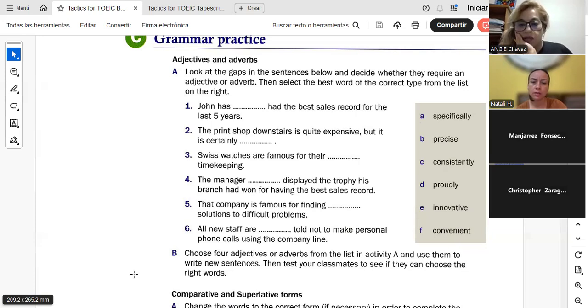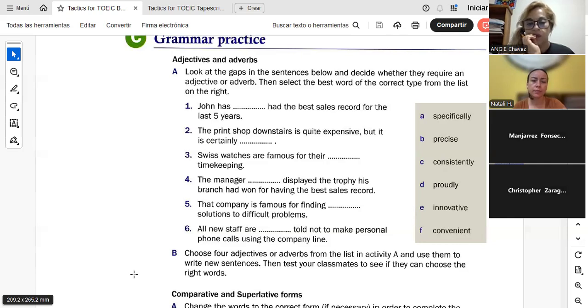Number 1, proudly? I think so. Okay. What do you say, guys? Consistently. John has consistently had the best sales records. So consistently, right? Consistently had the best sales records for the last 5 years.